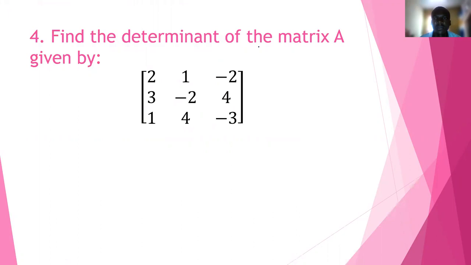Find the determinant of the matrix A given this one. To get the determinant of a 3 by 3 matrix, you multiply the coefficient of the row times its determinant.